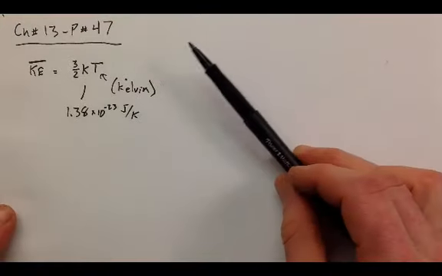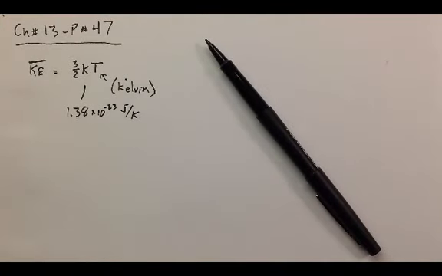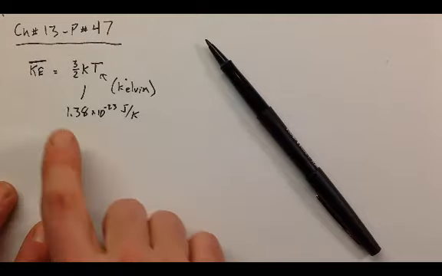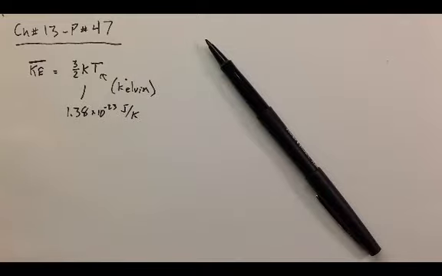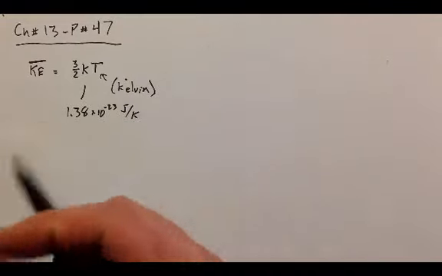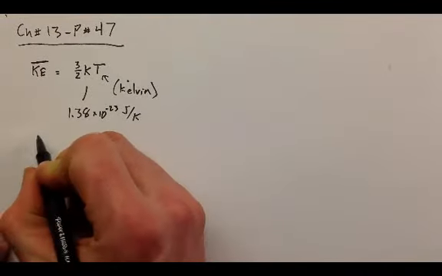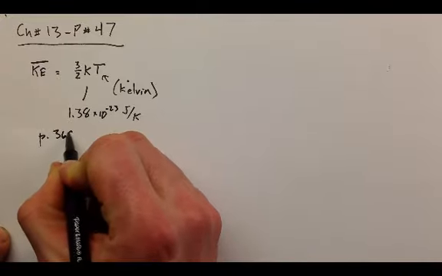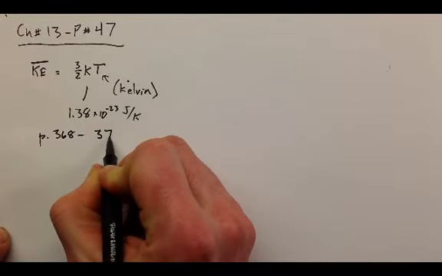Now, this, when you think about it, is a really simple equation. I mean, it's complicated how many atoms there must be bouncing around in a mole of gas, say, at standard temperature and pressure. But this equation is derived in your book on page 368 to 370.